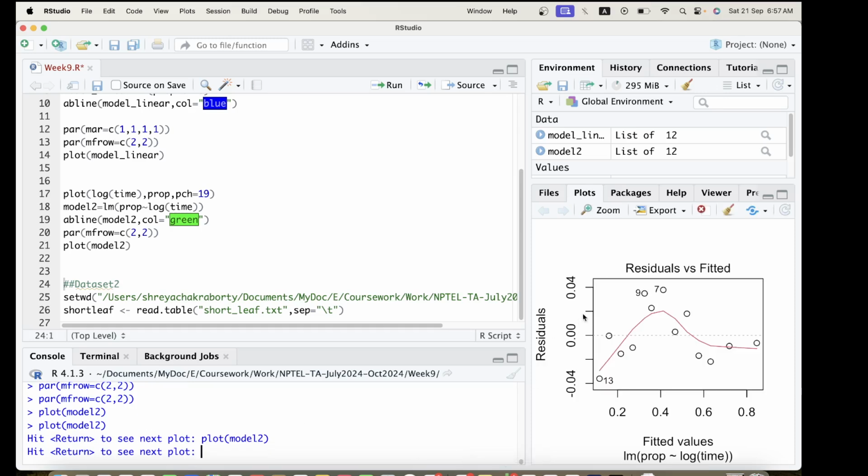So this is actually how my residuals versus fitted plot is coming around. This one shows better.